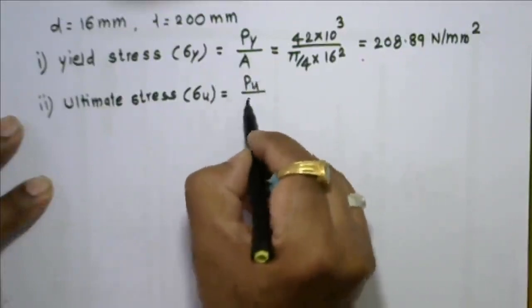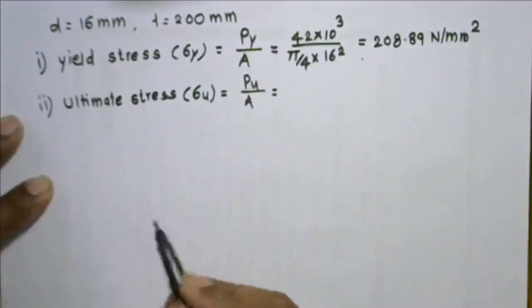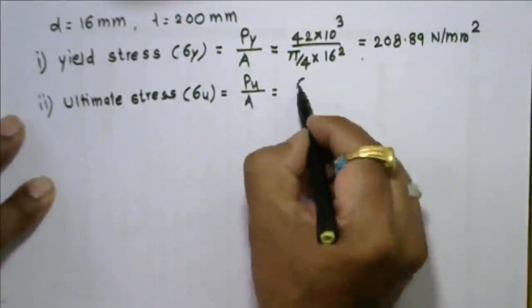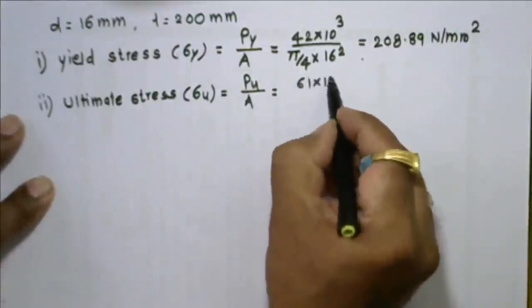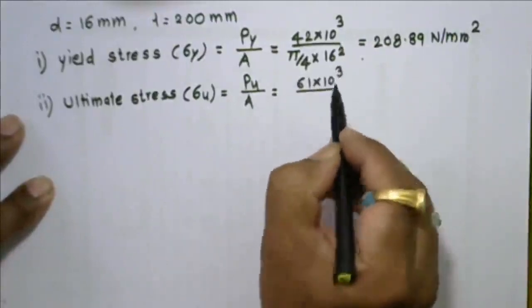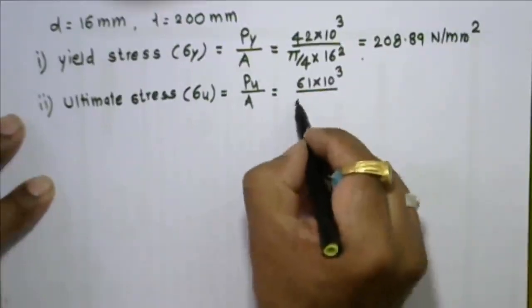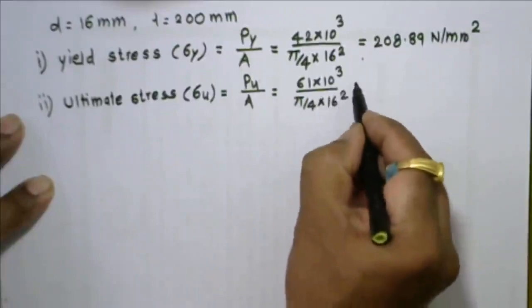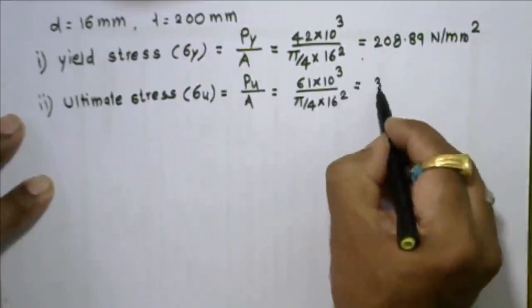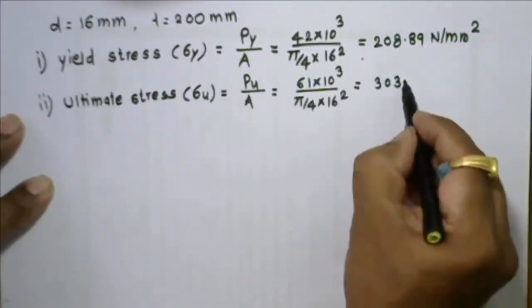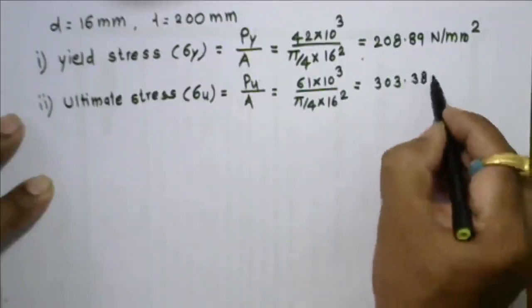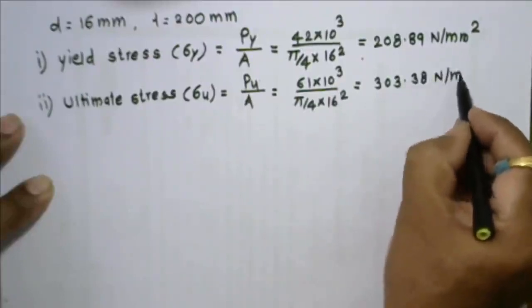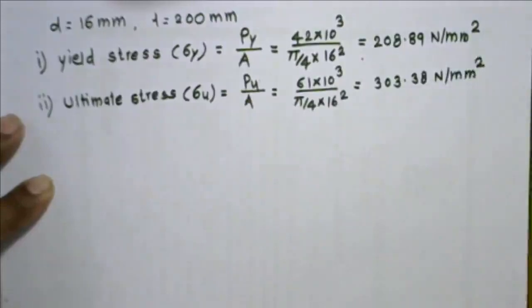Ultimate stress is the maximum load upon cross-sectional area. So the maximum load is given here as 61 kilonewton, and the cross-sectional area is pi by 4 into 16 bracket square. So do these calculations. The answer is 303.38 Newton per mm square.